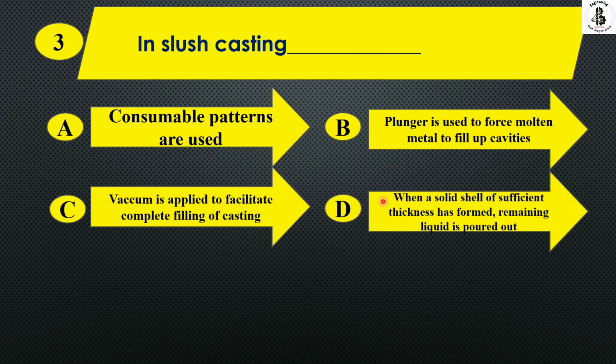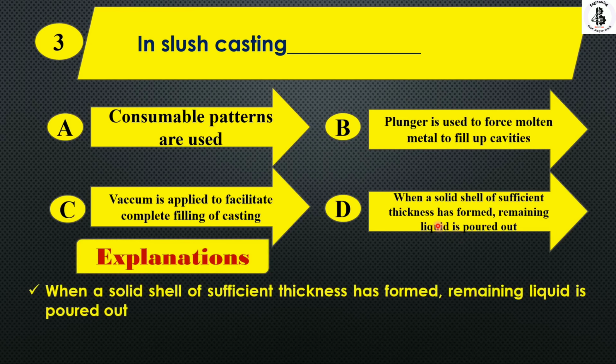And option D, when a solid shell of sufficient thickness has formed, the remaining liquid is poured out. That is basically the working of the slush casting process. So the right answer is option D.